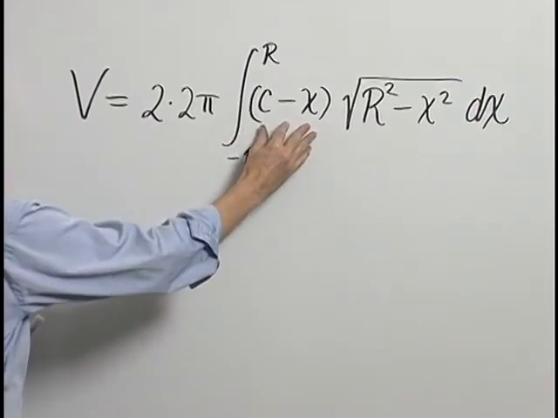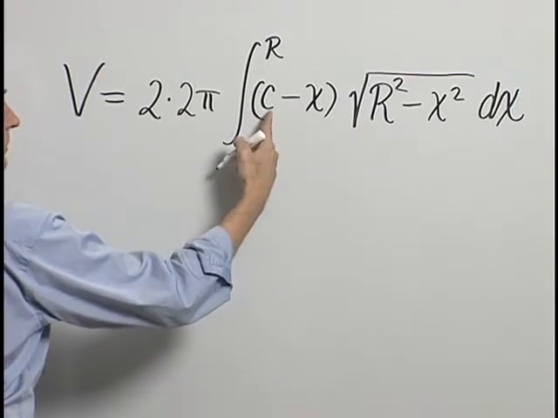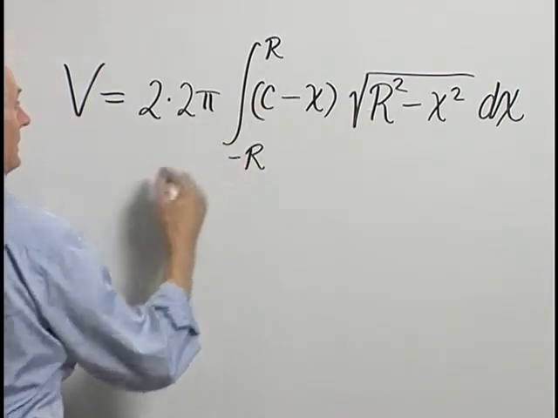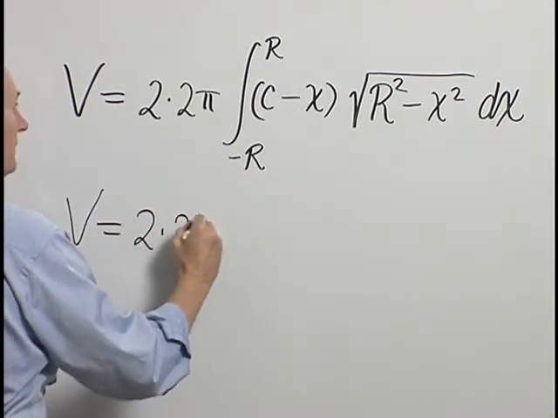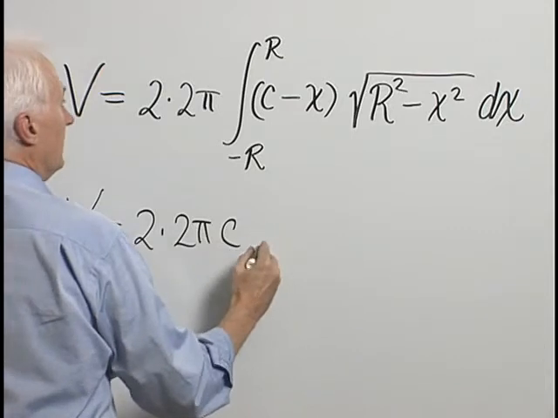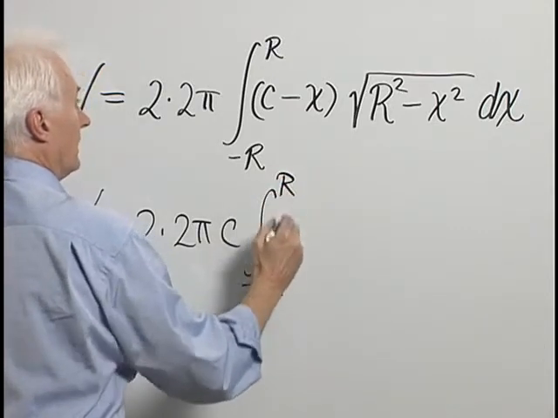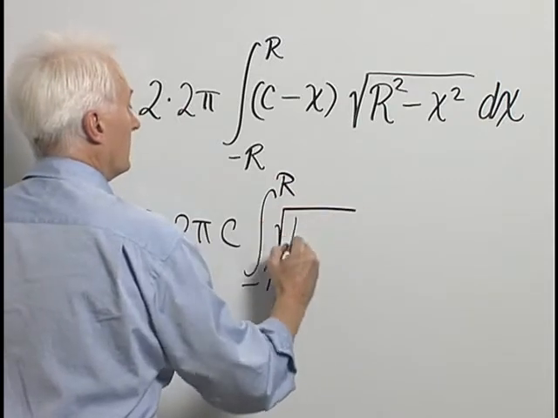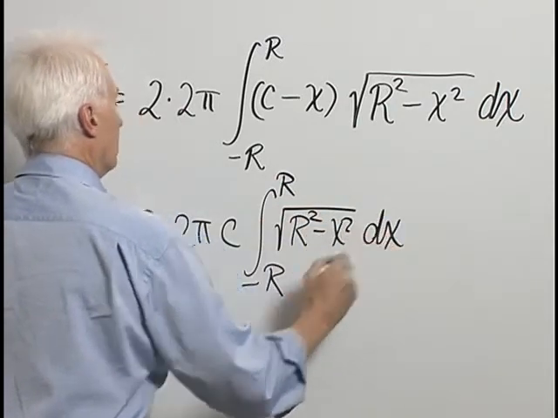Now, the first thing to do is break this into two terms. So the first term will be c times the radical, and the c comes out. So V equals 2 times 2π c times the integral from −R to R of the square root of R² − x² dx.